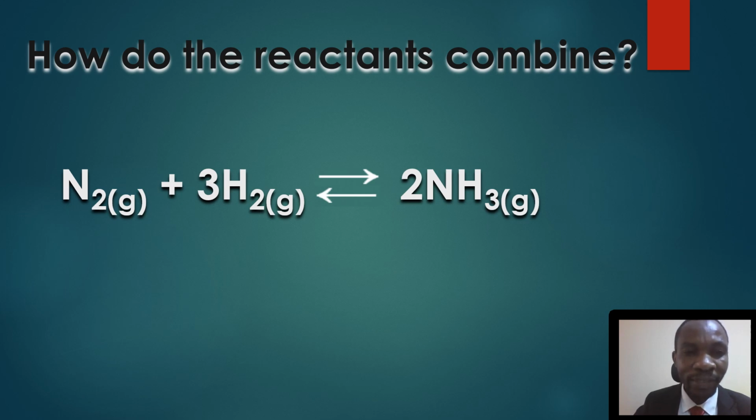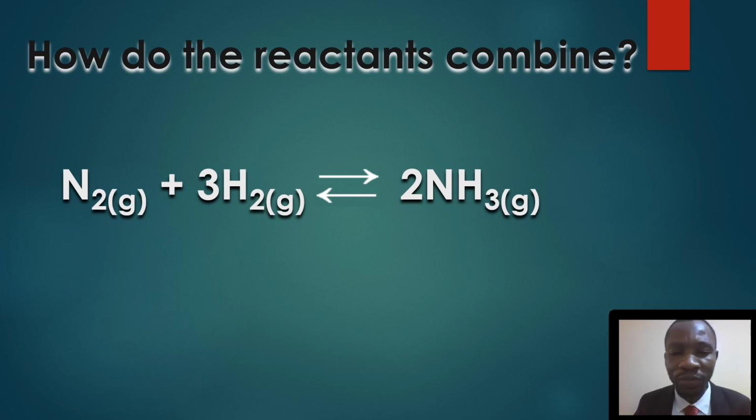Then when you balance, you will see that 1 mole of nitrogen gas combines with 3 moles of hydrogen gas to form 2 moles of ammonia gas. So when you get these mole ratios, for example, you can see 1 mole of nitrogen is combining with 3 moles of hydrogen to form 2 moles of ammonia.